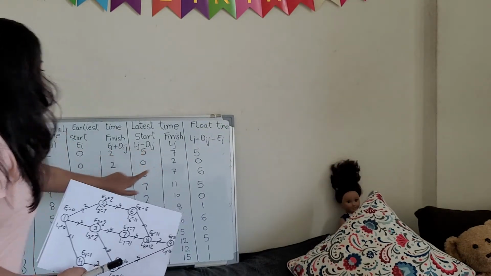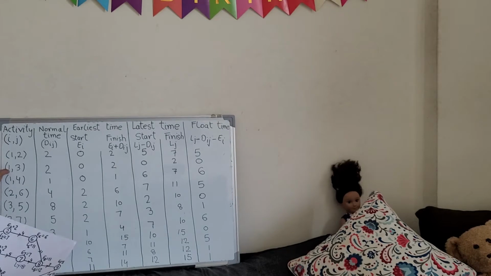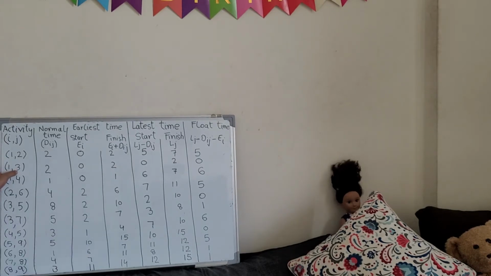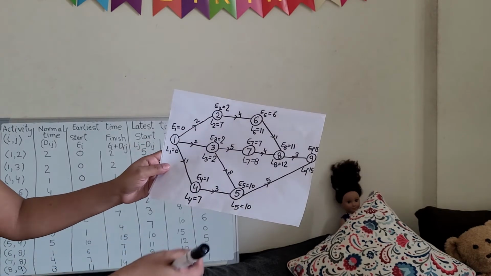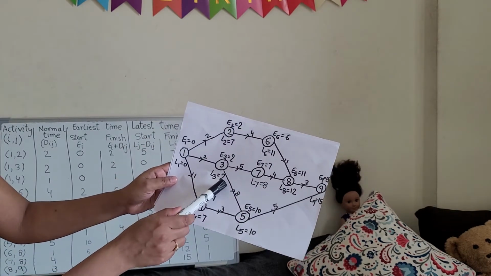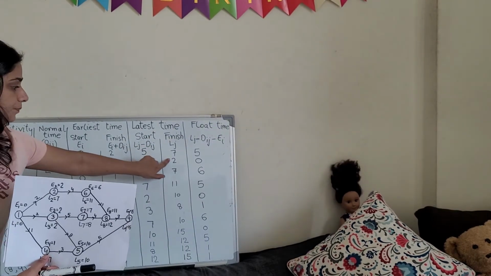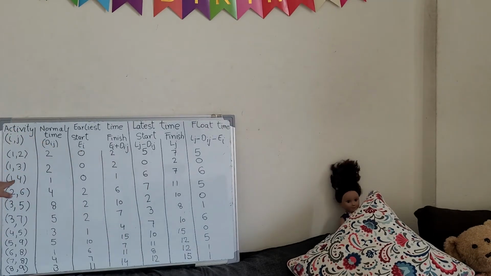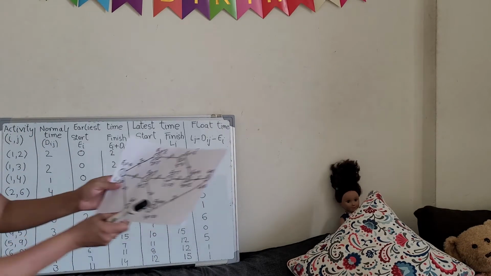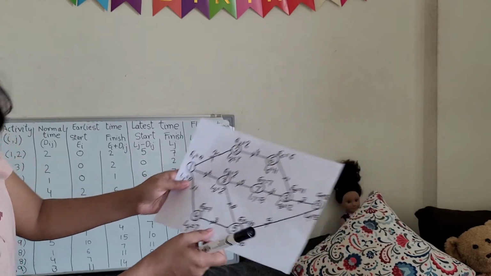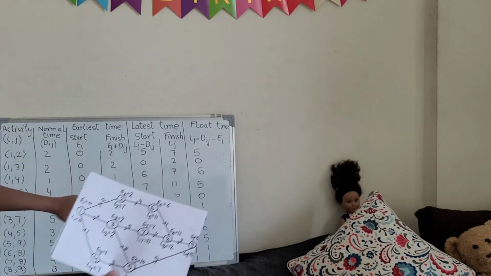Got it? Now check the second row. Here last activity is 3. So it will be L3. Now L3 equals to how much? L3 equals to also 2. Here 2. Now for third one L4. L4, check, L4 is 7. So we wrote here 7.